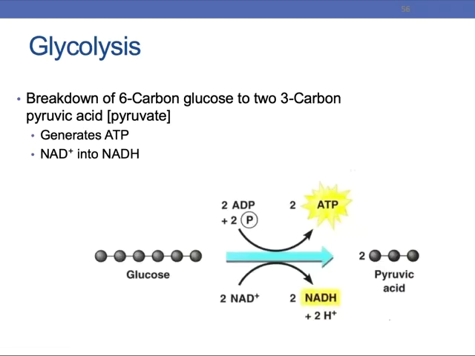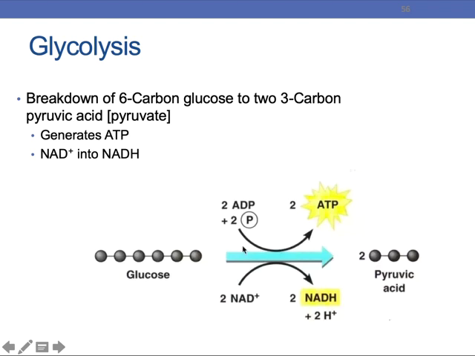Glycolysis is the first step of glucose metabolism in most living organisms. And essentially, it is the breaking down of a 6-carbon glucose molecule into 2 3-carbon pyruvic acid molecules. So this 3-carbon molecule is either called pyruvic acid or pyruvate, and they are used interchangeably.